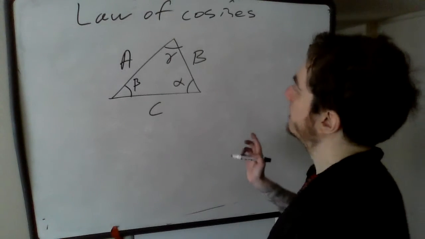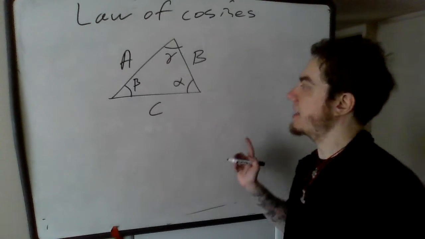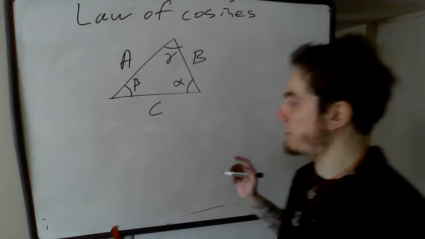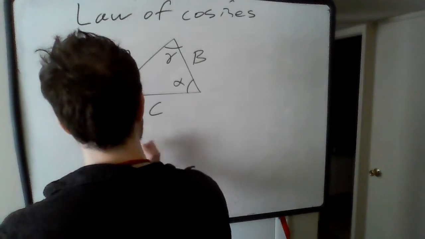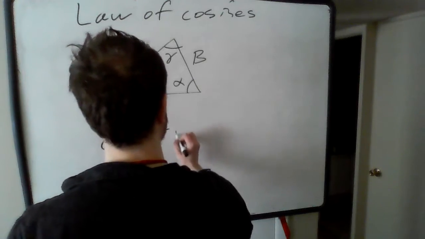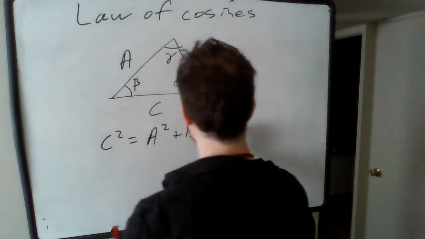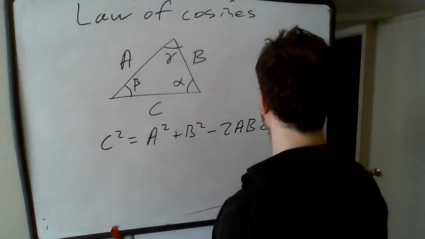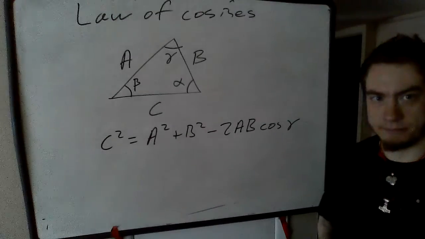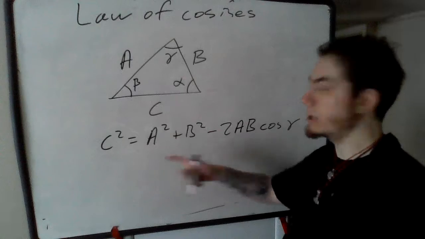Now, what does the law of cosines say? Well, the law of cosines says the following. It says that c squared equals a squared plus b squared minus 2ab cosine gamma. And that's literally what it says.